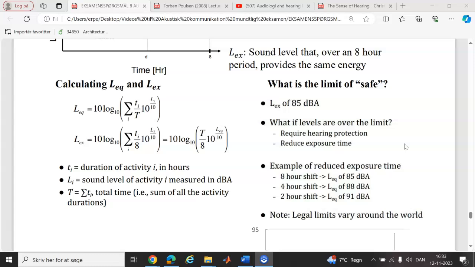That means it is increasing by 3 dBA, 88 dBA. A double, okay. If you increase the dB by 3 decibels, it means you have to halve the time. A 2-hour shift means an LEQ of 91 dBA.